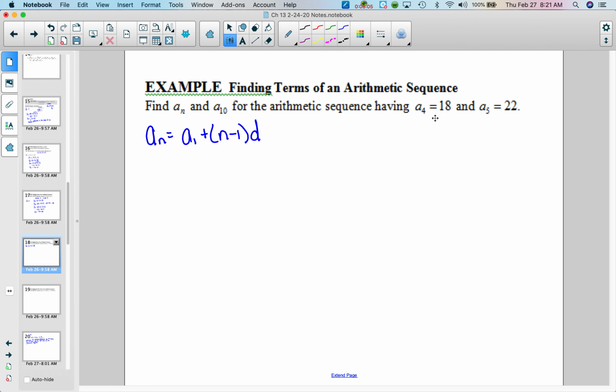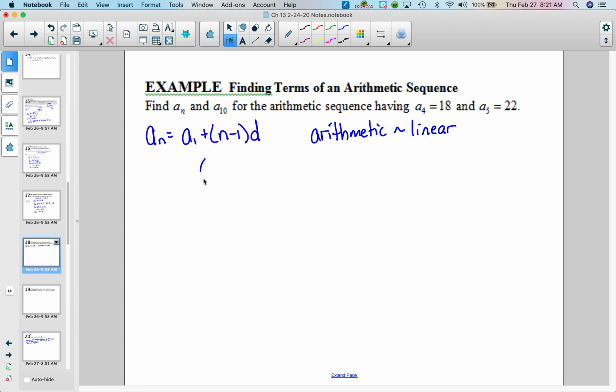So what do we do? Well, remember that arithmetic is kind of like a linear function. So we can think about ways that you would find the slope if you were looking for the slope of a line.